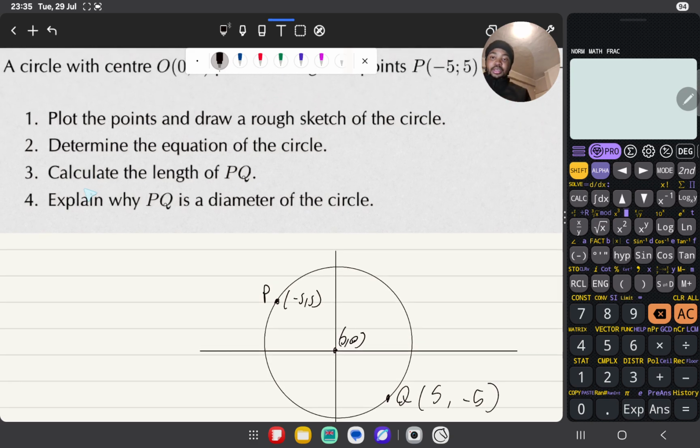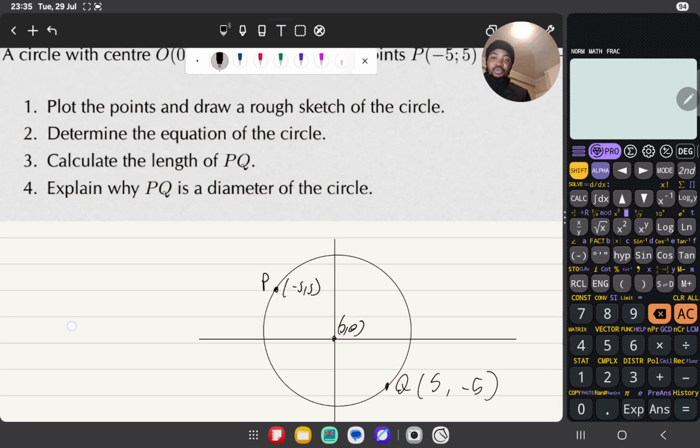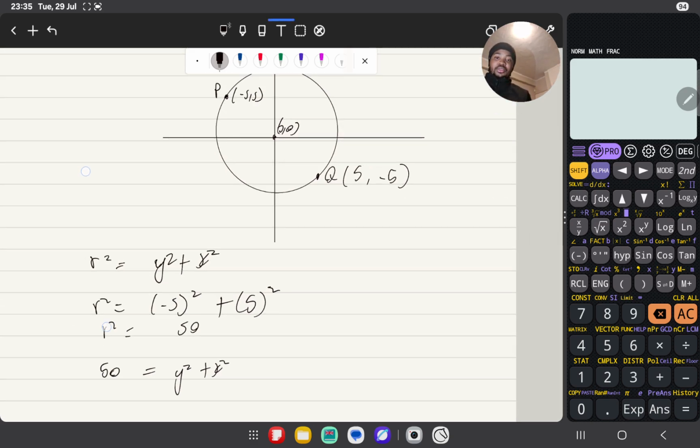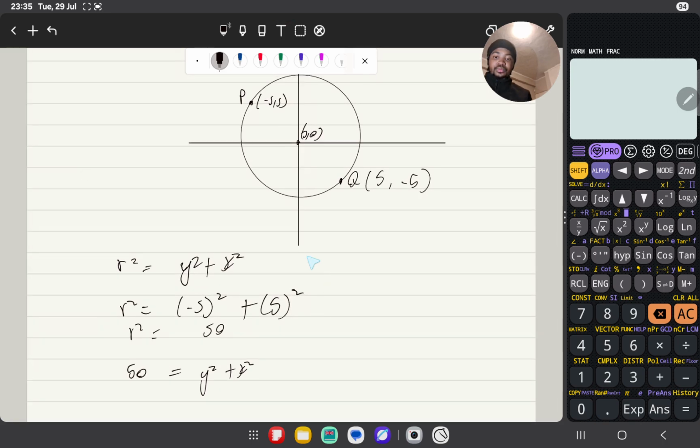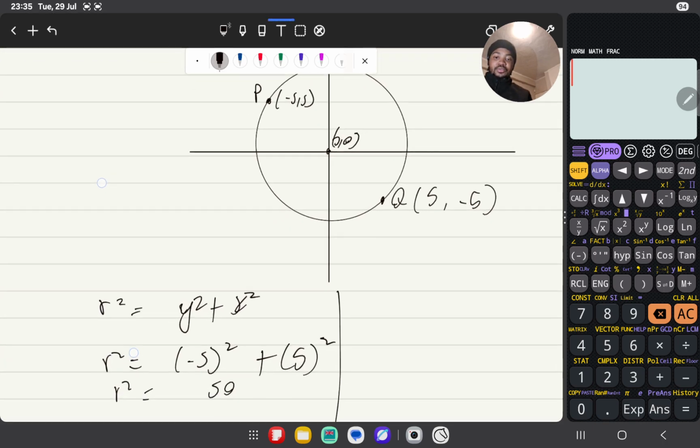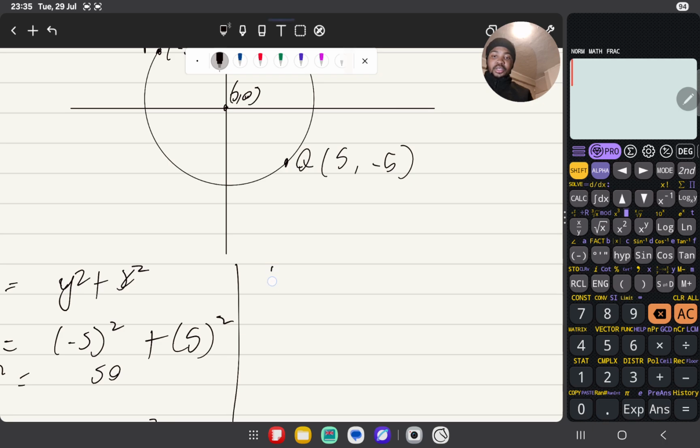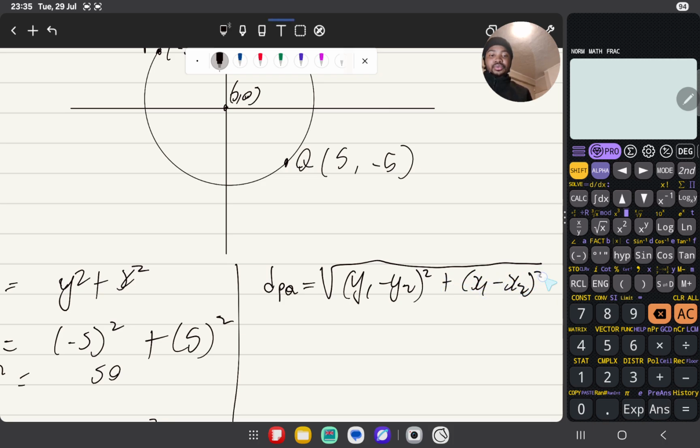Cool. Then we say here, calculate the length of PQ. So finding the length of PQ, we'll use the distance formula for PQ. It's going to be, of course, y1 minus y2 squared plus x1 minus x2 squared.